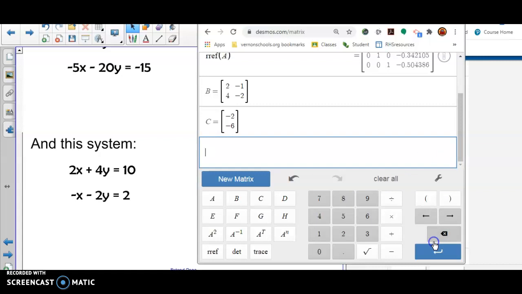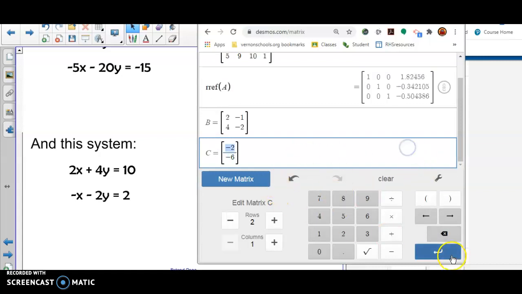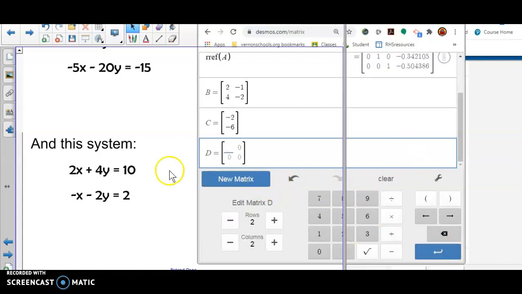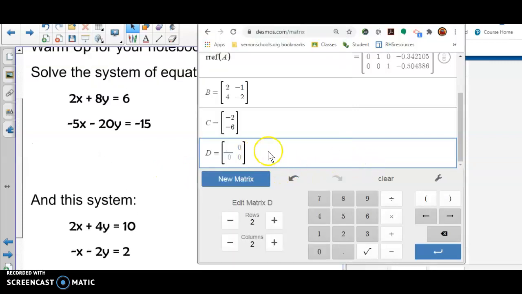So what we're going to do is enter a new matrix. We're going to do this one first, just really quickly. I want to make sure I'm using my augmented matrix. 2, 8, 6, -5, -20, and -15. And we did look at this one already, and I'm sure you can easily do this by hand.